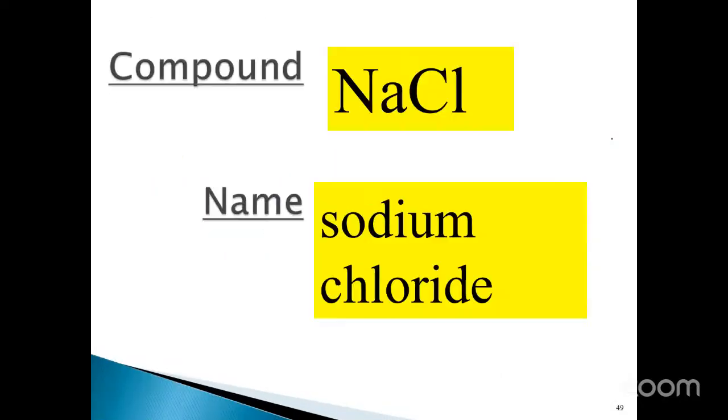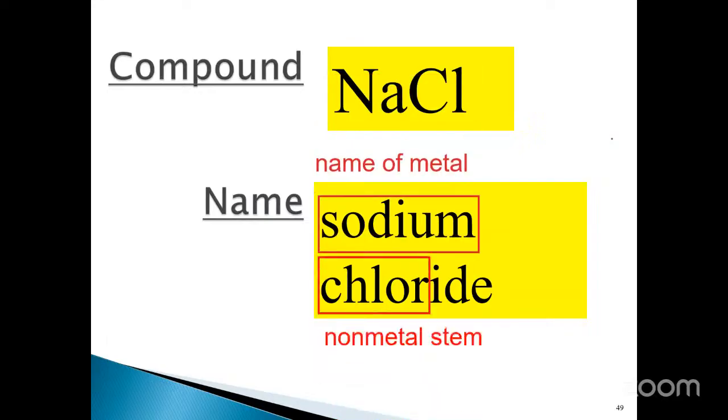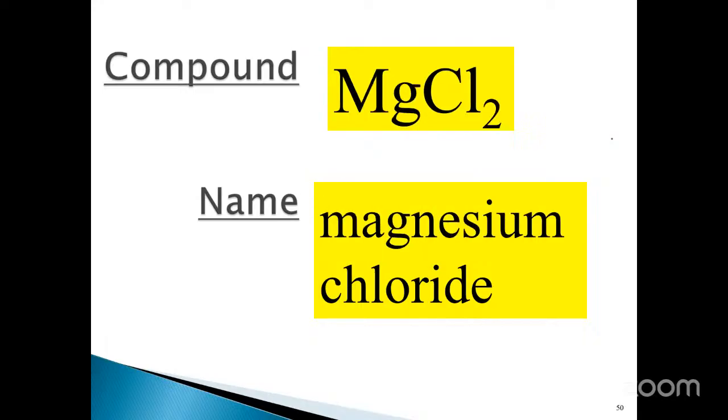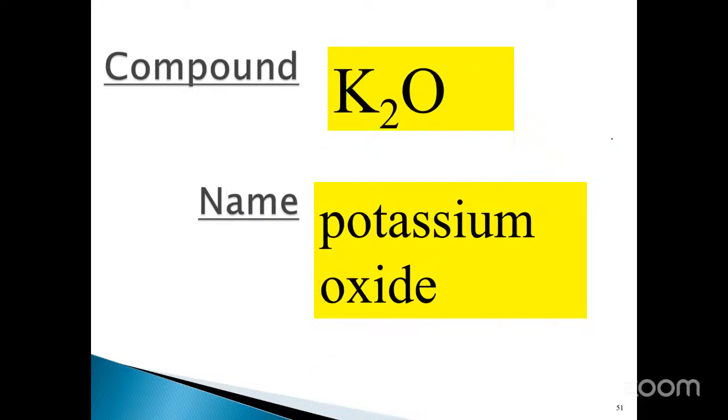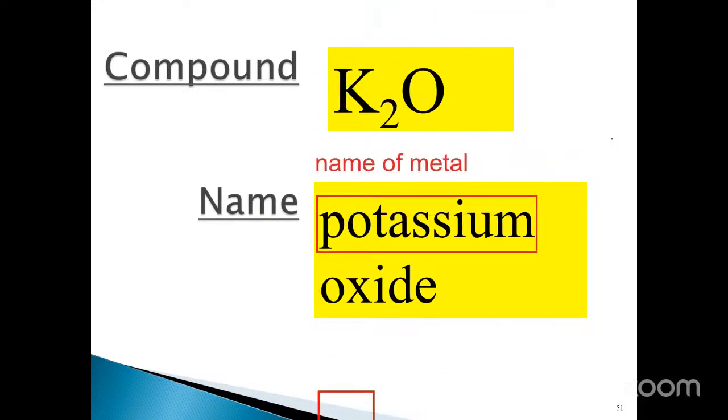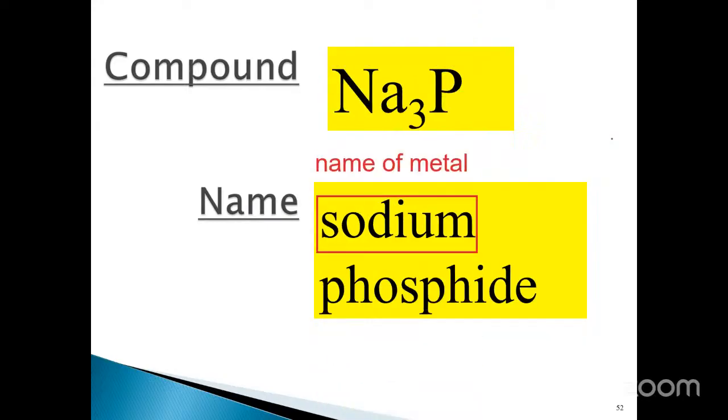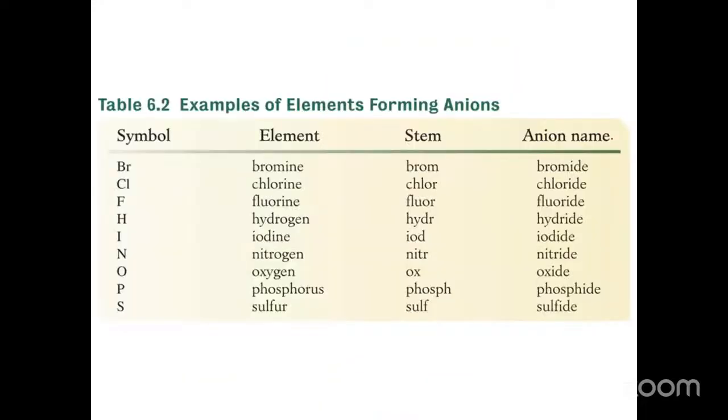Just to highlight a couple more examples, NaCl, that's sodium chloride, the name of the metal, then the stem of the name of the nonmetal, and then IDE. This one is magnesium chloride. This one is potassium oxide. This one is sodium phosphide. And so on and so forth.